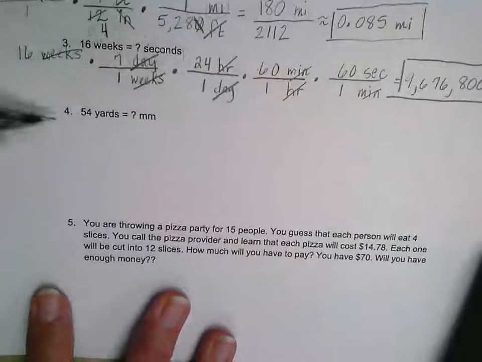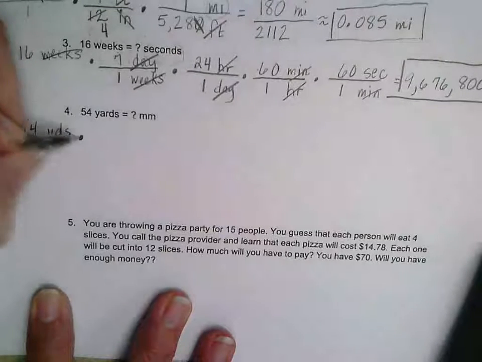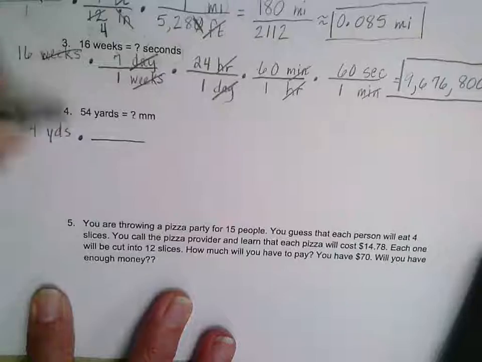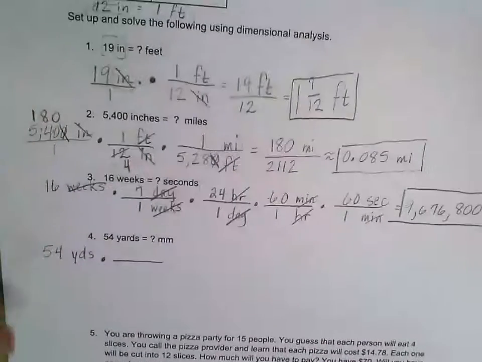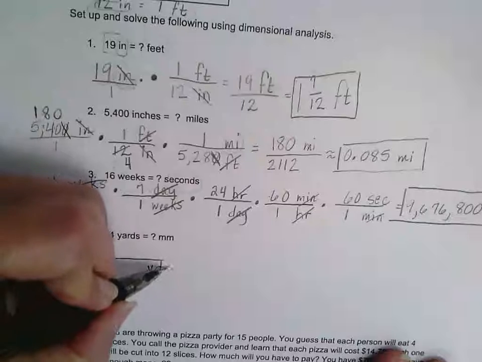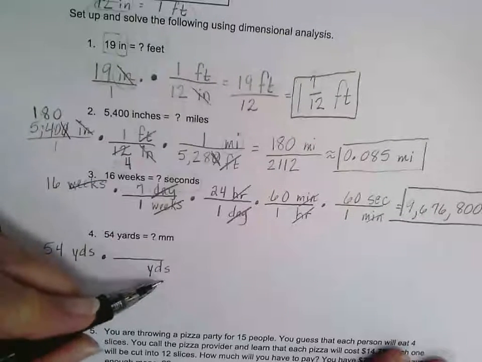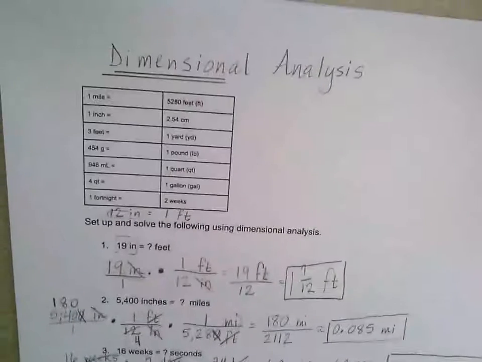Okay, the last one. 54 yards, and I want to go down to millimeters. So I need to look up above and see what kind of units for conversion I have for yards, because I want to be able to cross cancel my yards.